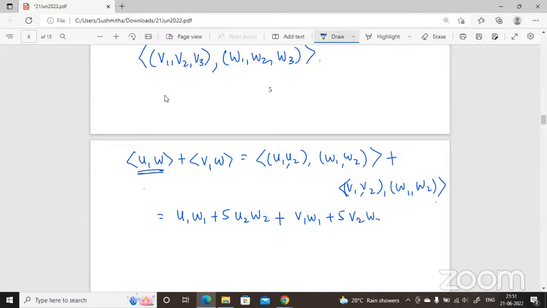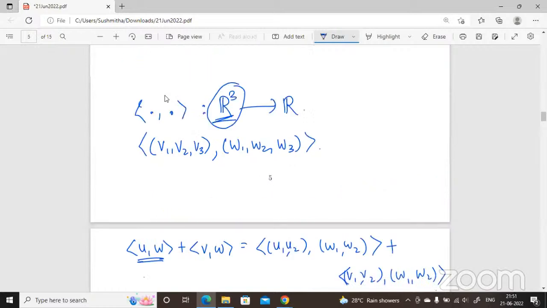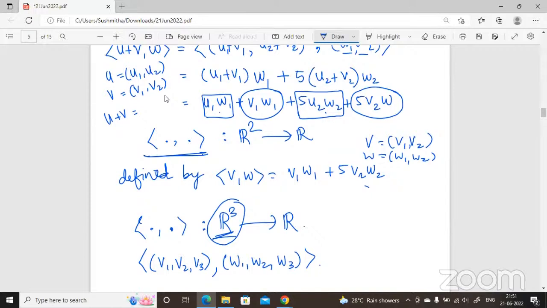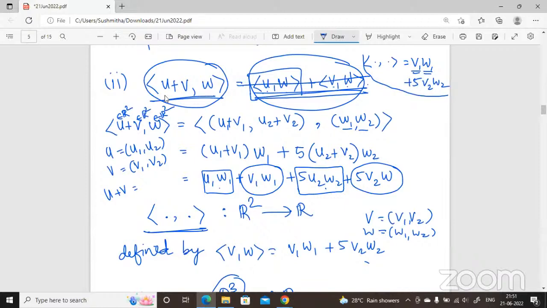Is this equal to what we got earlier? U1 W1 plus 5 U2 W2 plus V1 W1 plus 5 V2 W2. Yes. So is it clear how to check? Yes, ma'am.